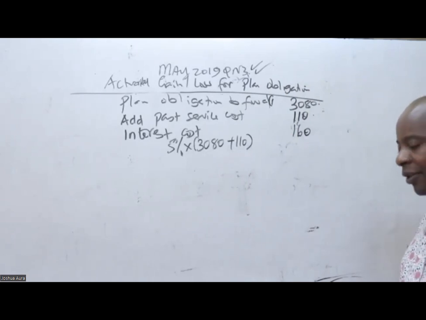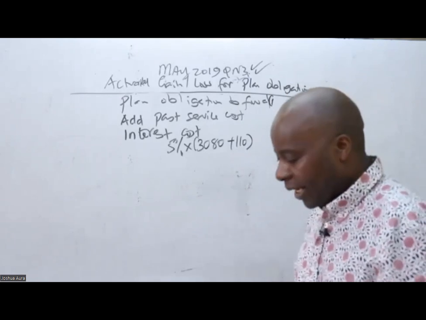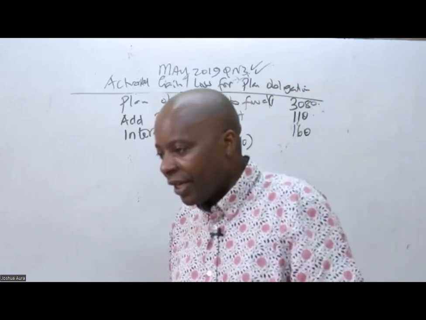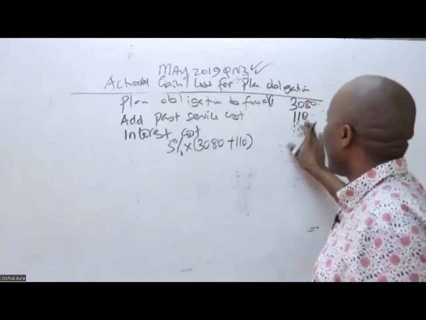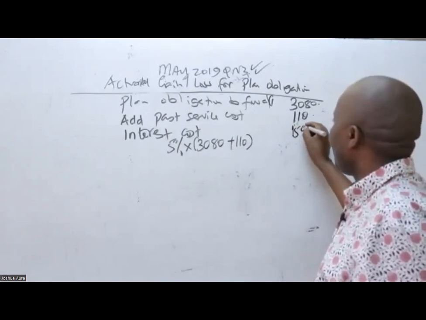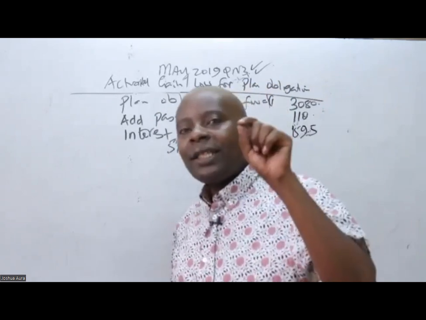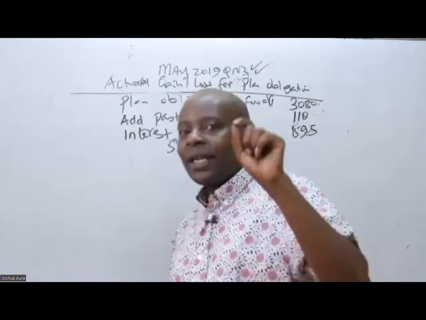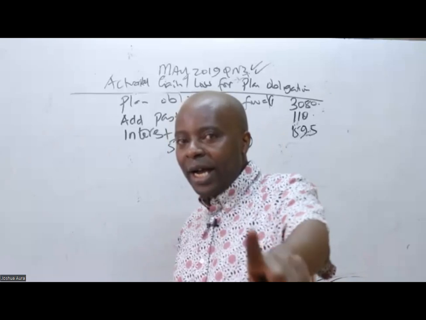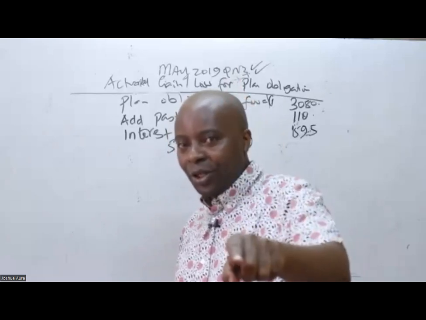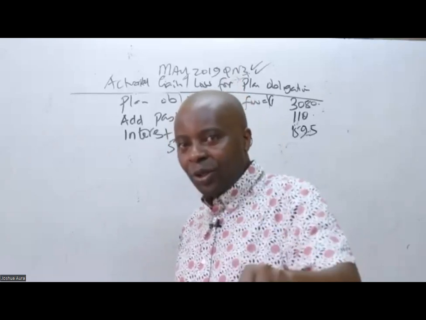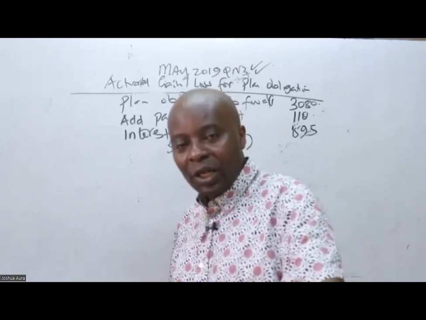Then, ladies and gentlemen, remember, it is 159.5. So for their current services that they are rendering to us, we have an obligation that we must book in. They are serving us as we speak.